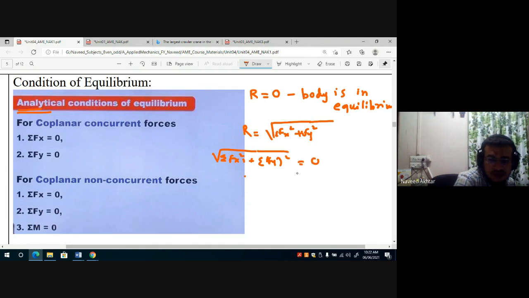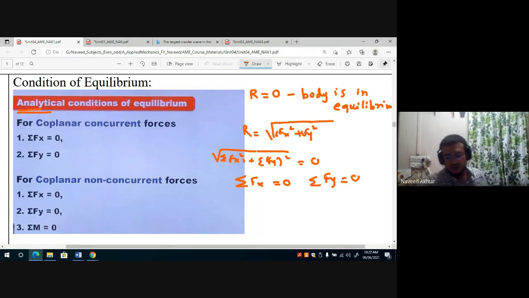It means that the summation of Fx is equal to 0 and the summation of Fy is equal to 0, if the forces are a coplanar concurrent force system.